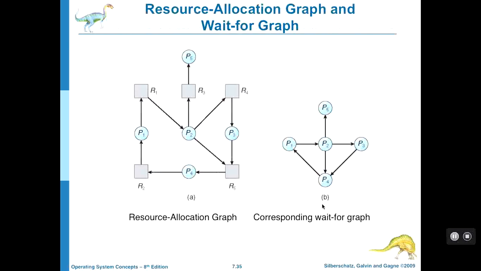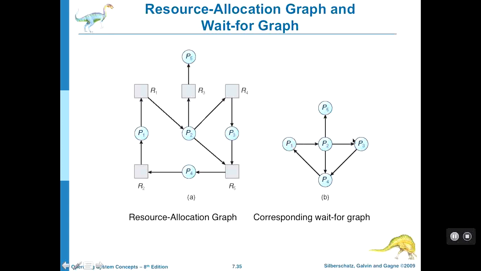So here's an example. We have a resource allocation graph and the corresponding wait-for graph. Here we can see that the resource allocation graph actually has both the resources and the processes. And in the corresponding wait-for graph, we remove the resources and just use the processes in the graph.